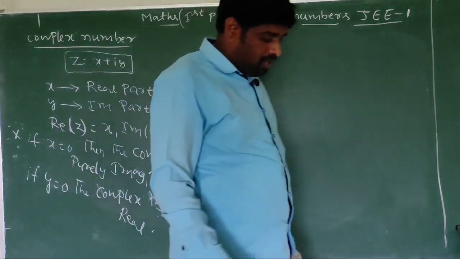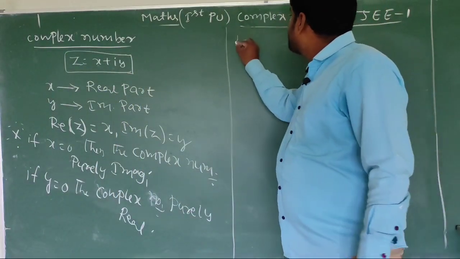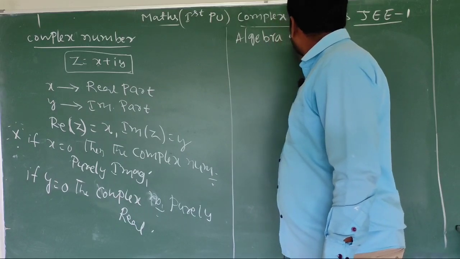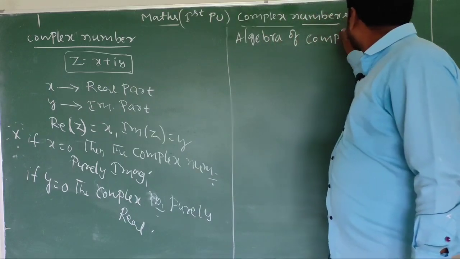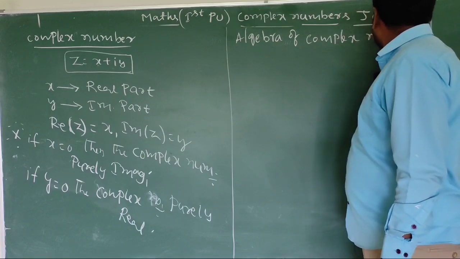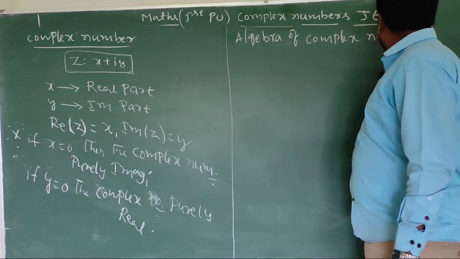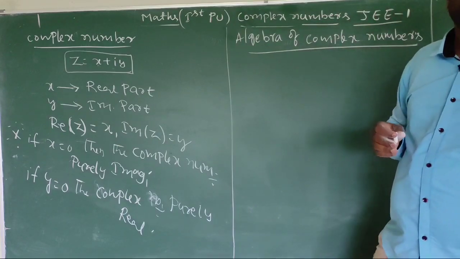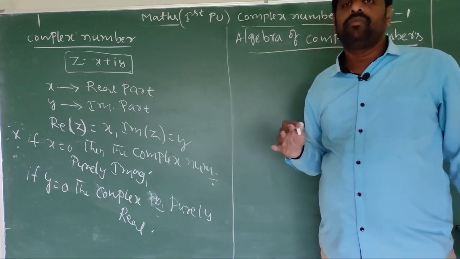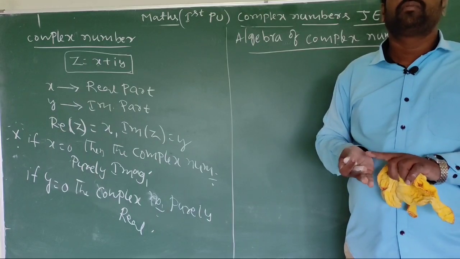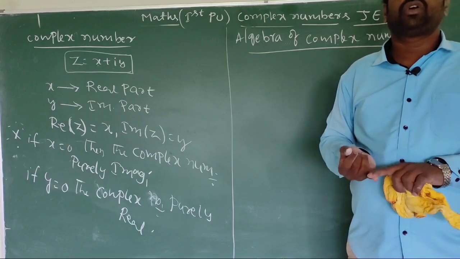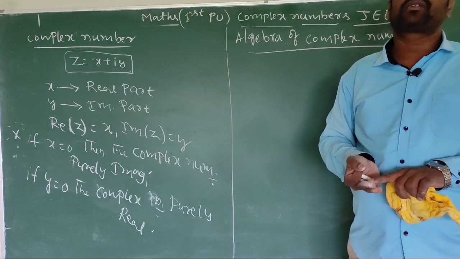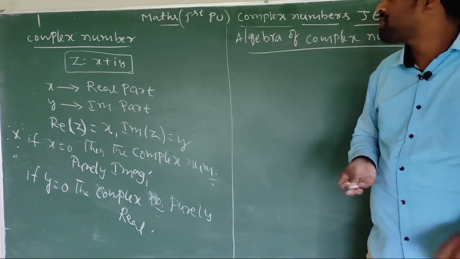Next, algebra of complex numbers. Remember children, algebra means we will mention addition, subtraction, multiplication, division: addition of complex numbers, subtraction of complex numbers, product of complex numbers, and division of complex numbers.